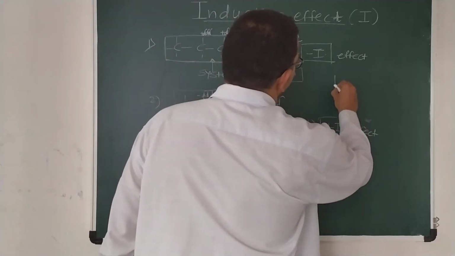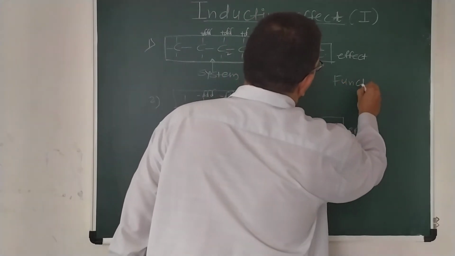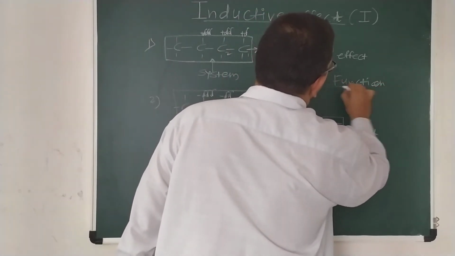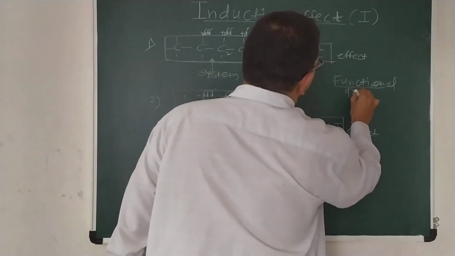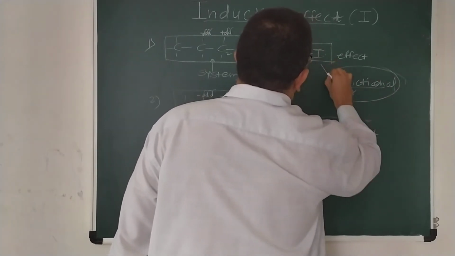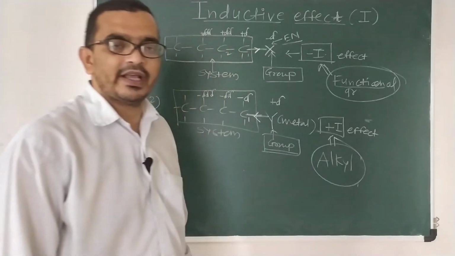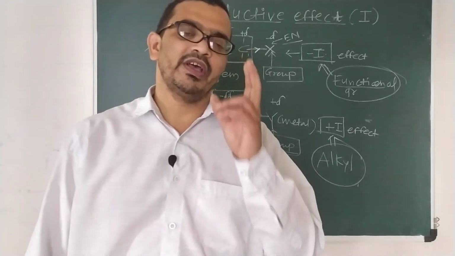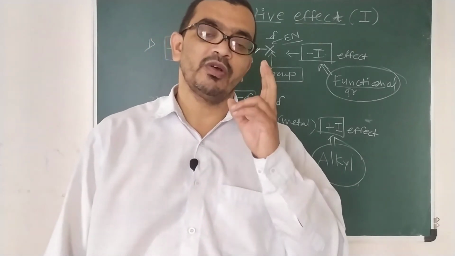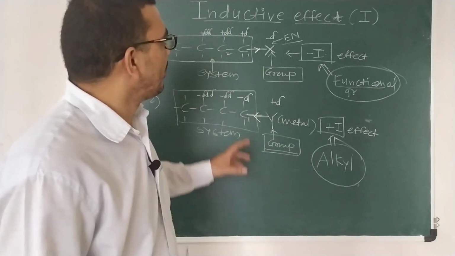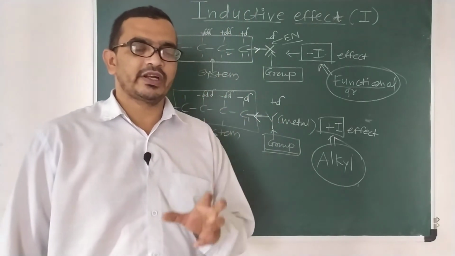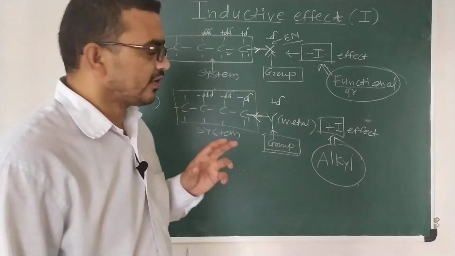If a functional group is attached, then there is the minus I effect, and if an alkyl group is there, there is a plus I inductive effect. This is very, very important, keep it in your mind. Now I hope whatever the discussions about the inductive effect, now it is clear for you.